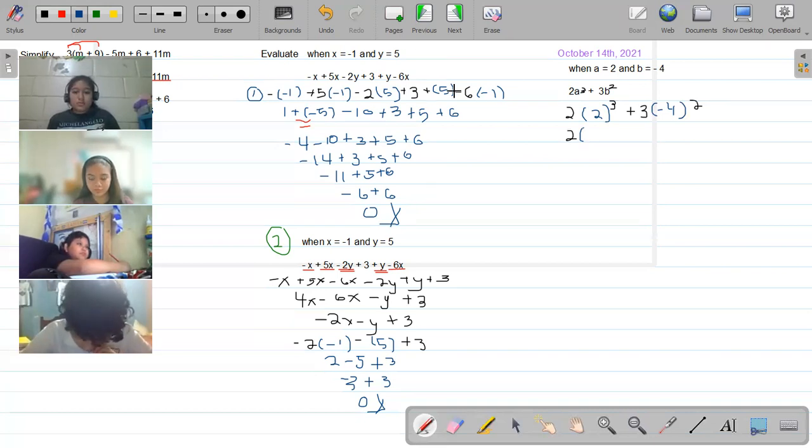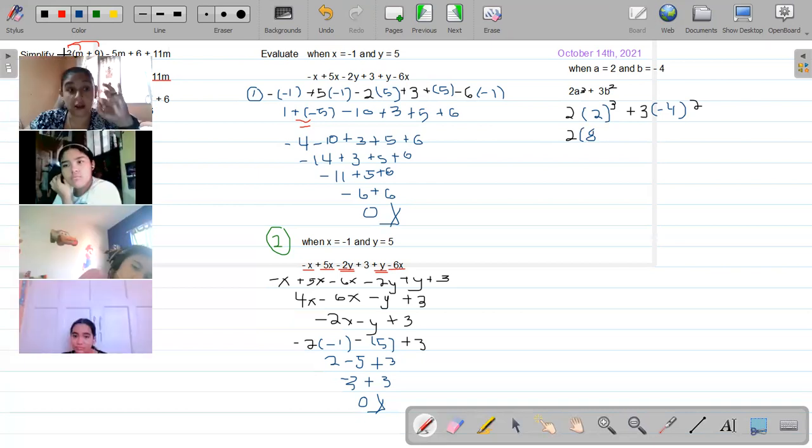No, it's not 4. 8, correct. Because it is 2 times 2, which is 4, times 2, that's 8. Plus 3. Now it should go in block. So plus 3. And now we do the other exponent at the same time.